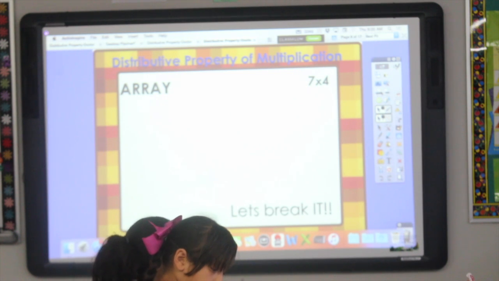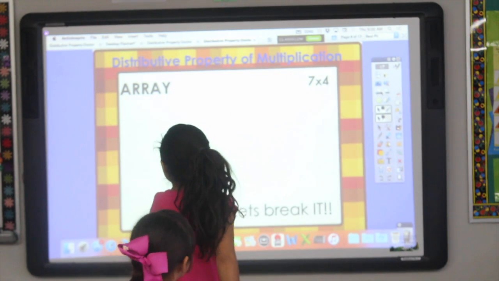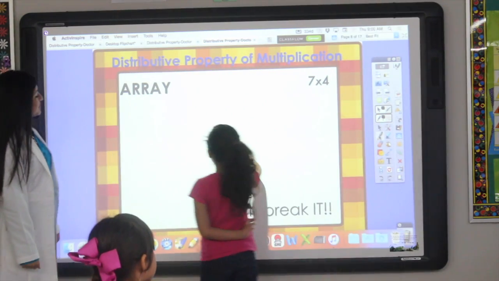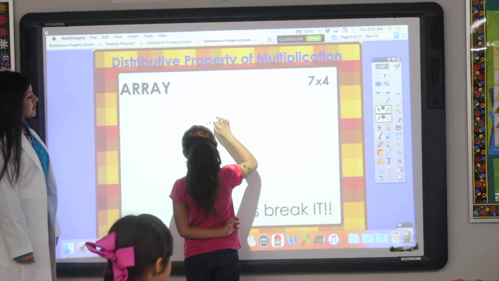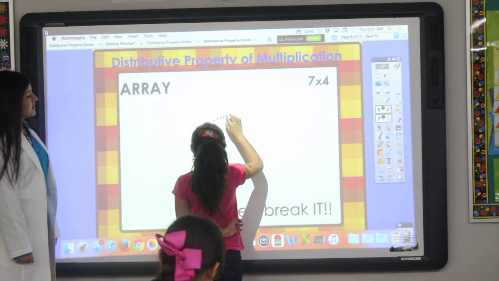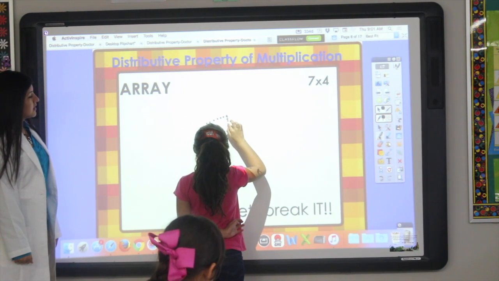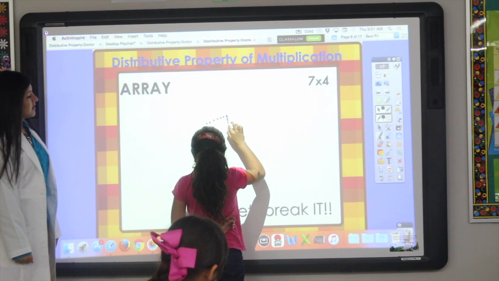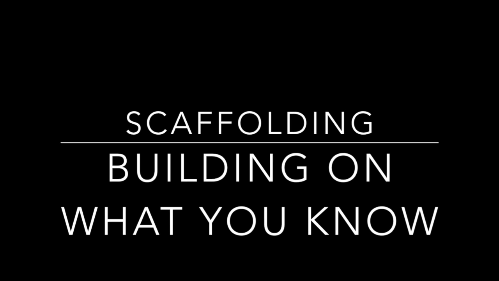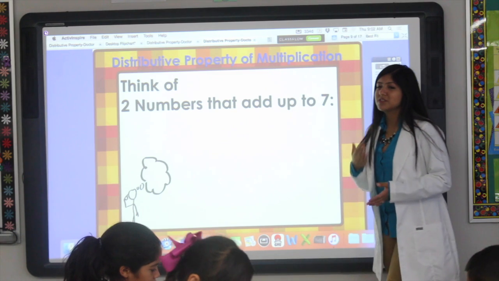Okay, so you can just draw it here. 5, 6, 7. So we're going to learn how to solve that problem using the distributive property.